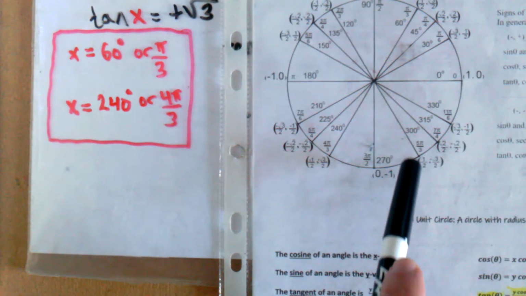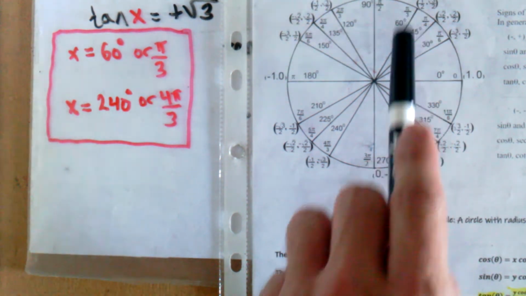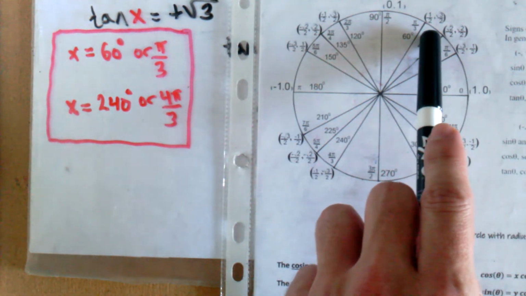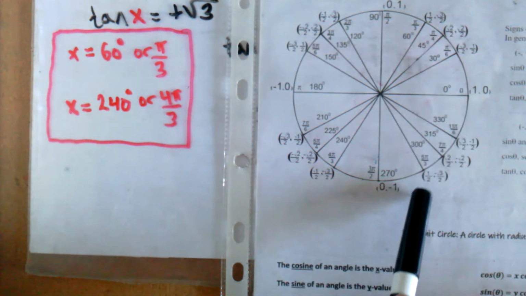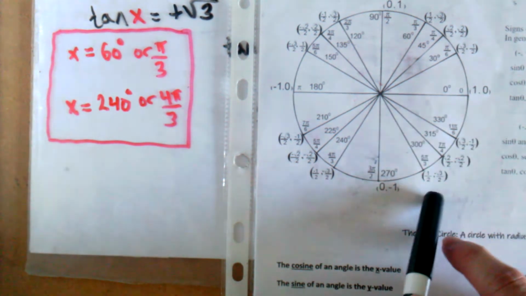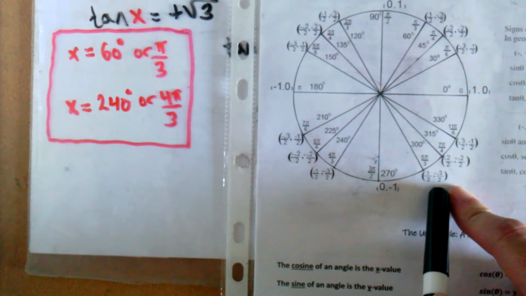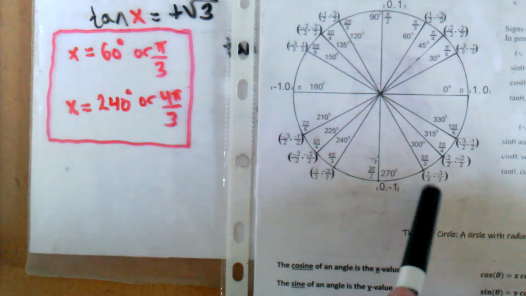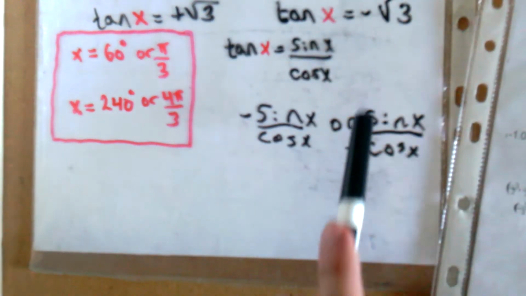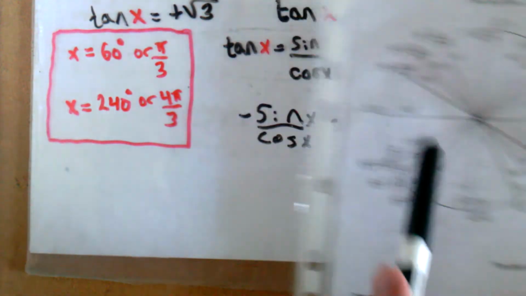Now we know that when we have the square root of 3 over 2 divided by 1/2, we get square root of 3, because that's what we saw in problem C. So again, if we find that combination of coordinates, we should get the square root of 3. Negative square root of 3 over 2 divided by 1/2 should give us negative square root of 3 this time, because a negative number divided by a positive number gives us a negative number.